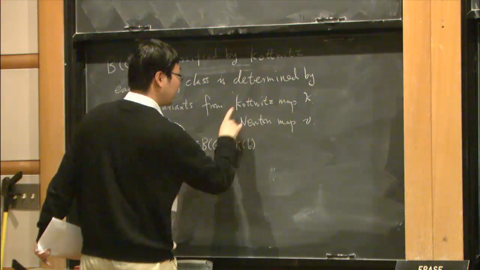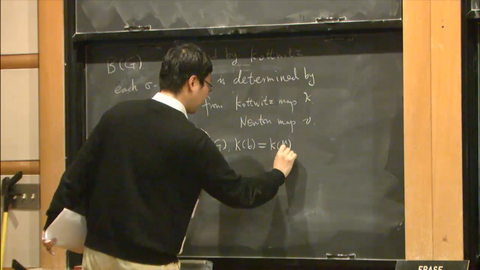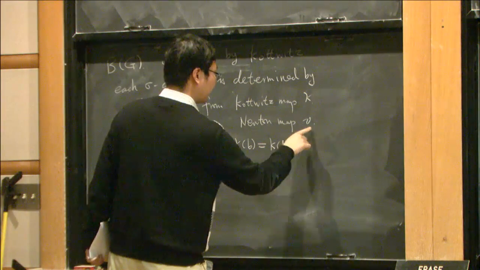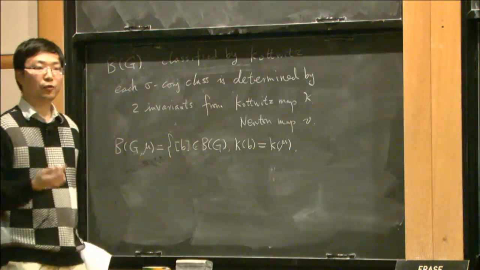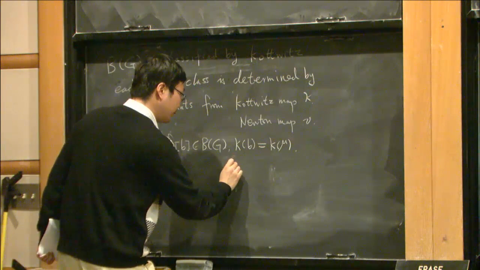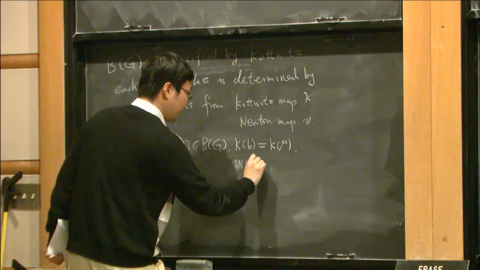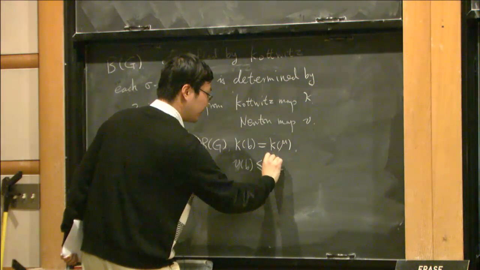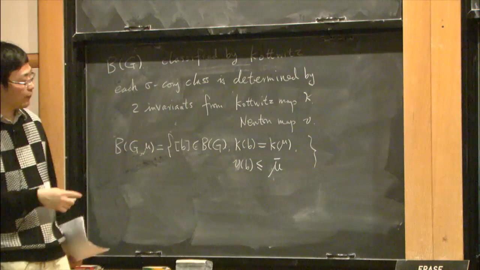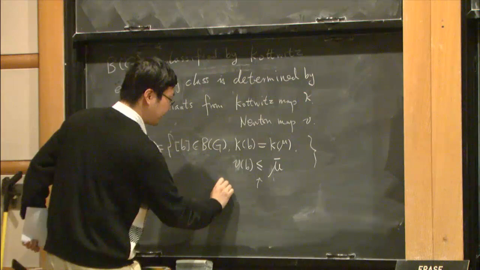First is that the Kottwitz maps coincide. And second, the Newton map gives you some rational dominant coweight, so we want to have that the Newton map is less than or equal to the Galois averaging of this mu. So this is also sometimes called the Mazur inequality.